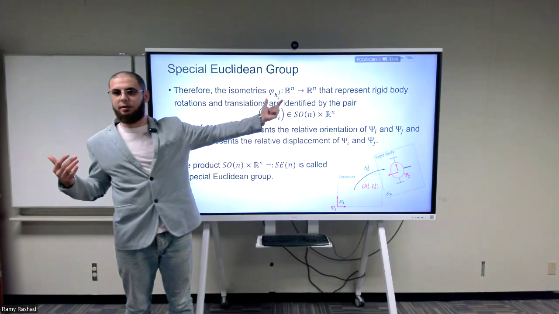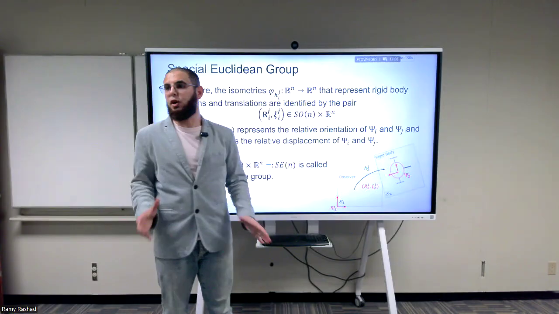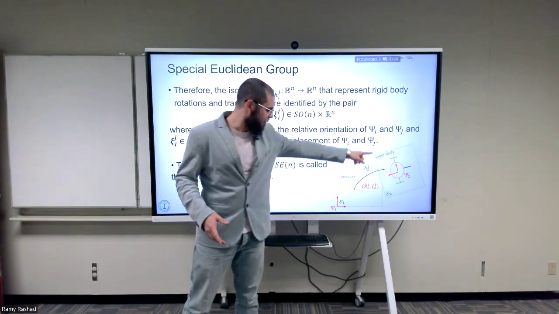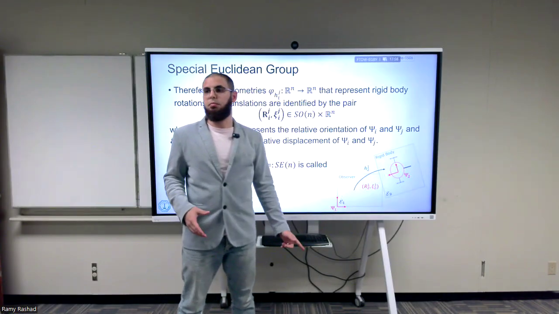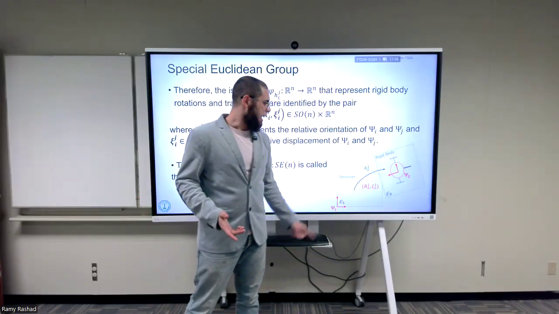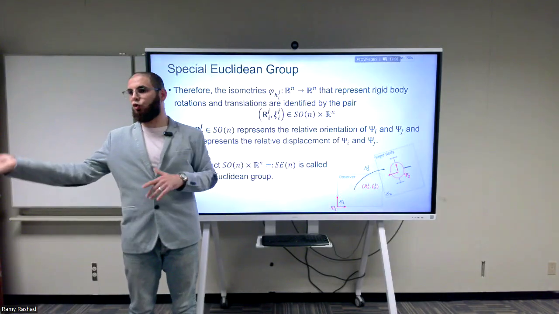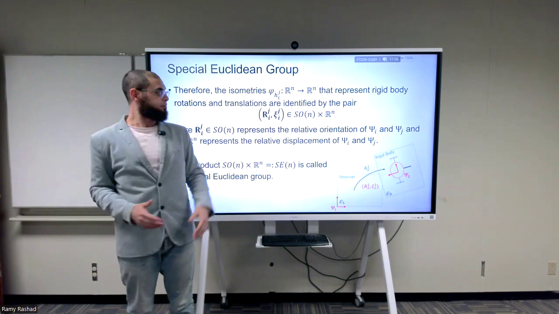So now let's go back a little bit. If I have any two Euclidean spaces, I give each one of them coordinates, and I have an abstract notion of relative pose between the two, between 2 with respect to 1 or 1 with respect to 2.